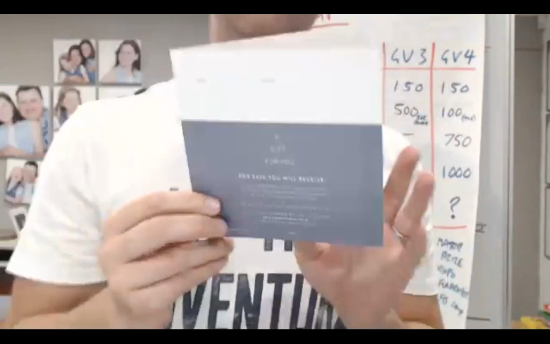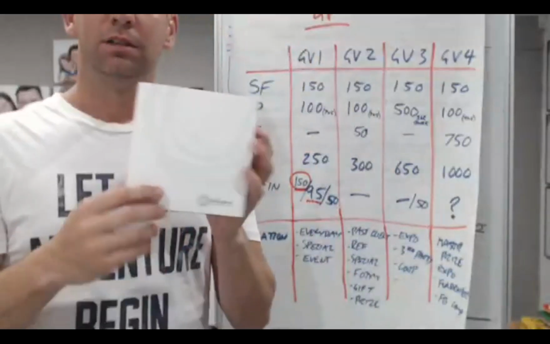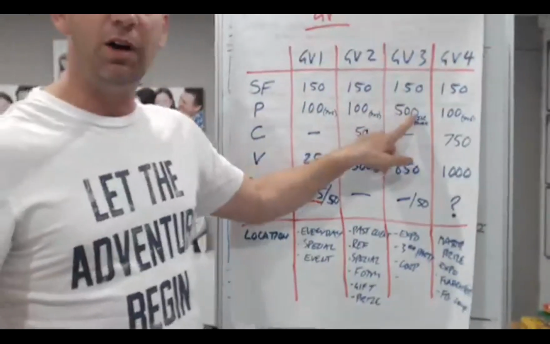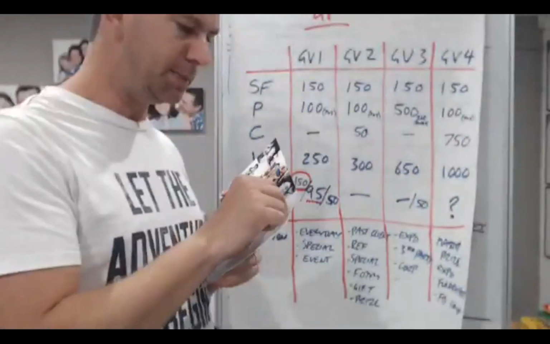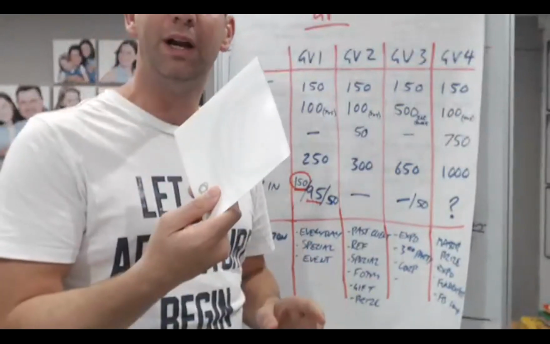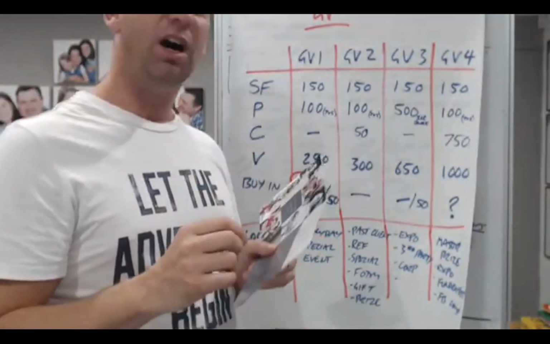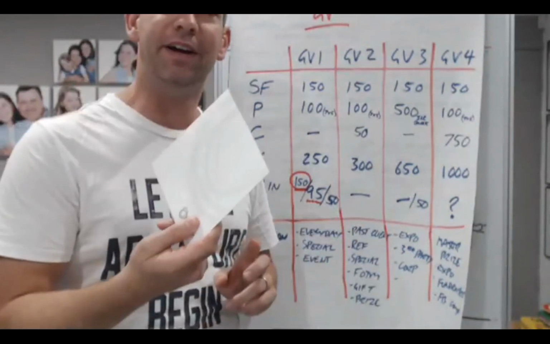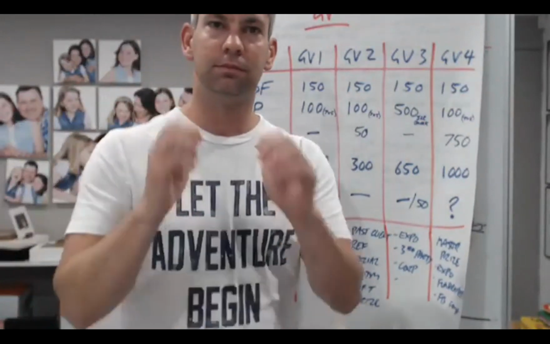So you've got one gift voucher to do all of this. At the expo, you just write expo special. One gift voucher. I'm going to give you $600 worth of value. Same gift voucher.